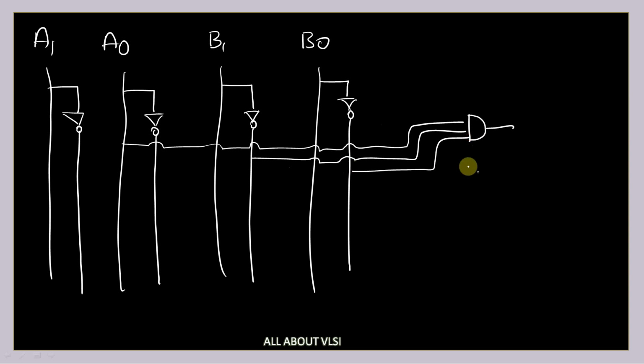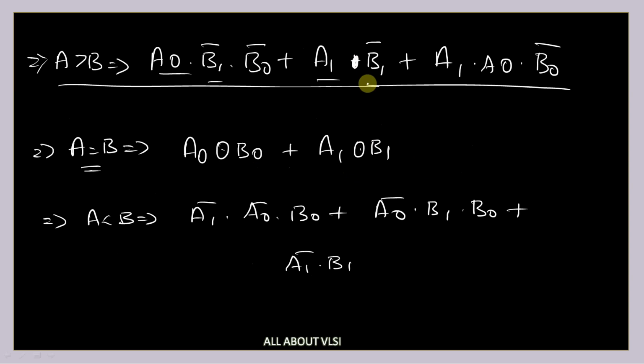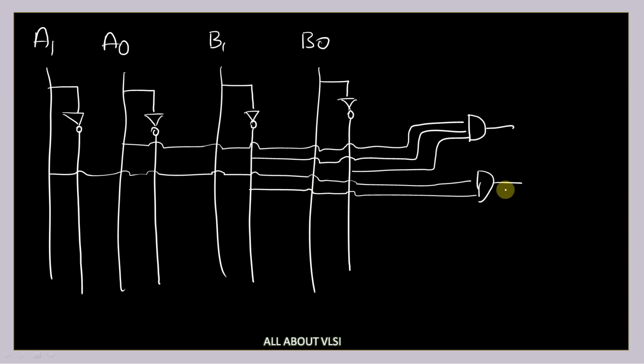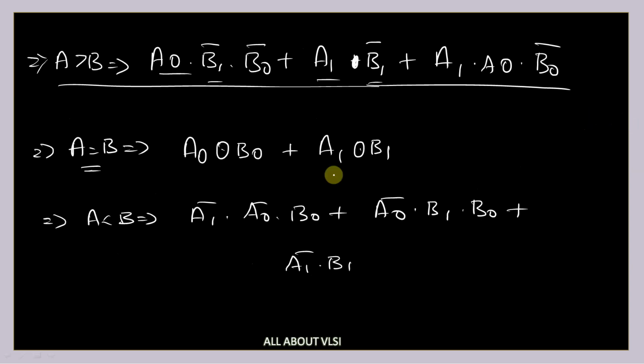And we have one more AND gate, which has A1 and B1 bar. It is connected to one OR gate. This is our A greater than B.